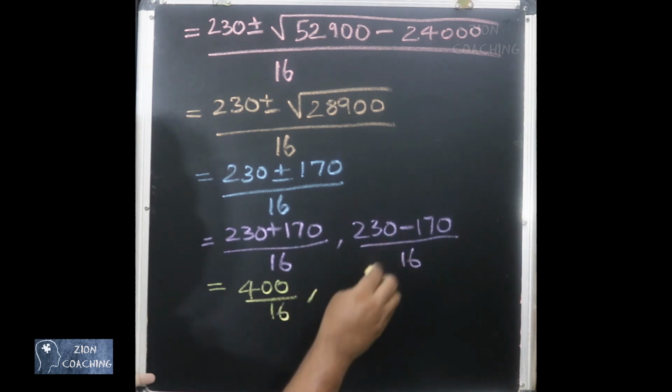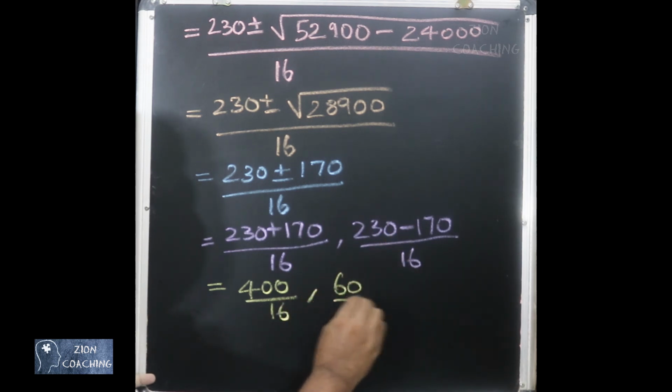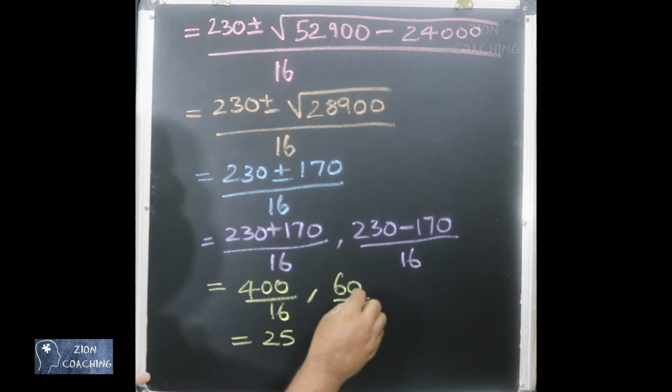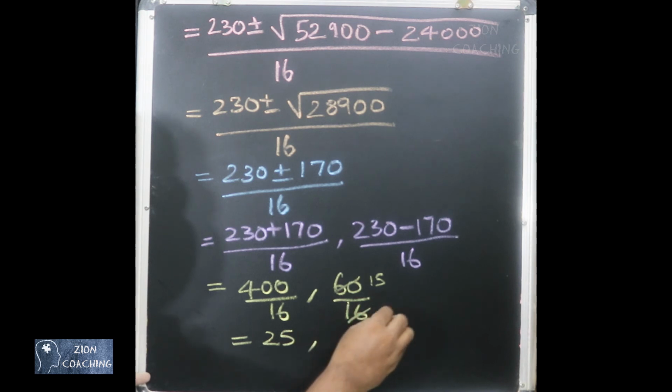Then when you subtract, you will get 60 by 16. The first is 25. And this, when you cancel by 4, you will get 4 15s are 60, 4 4s are 16, so it is 15 by 4.